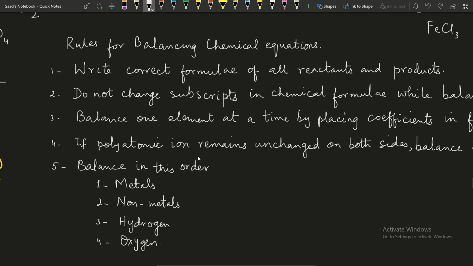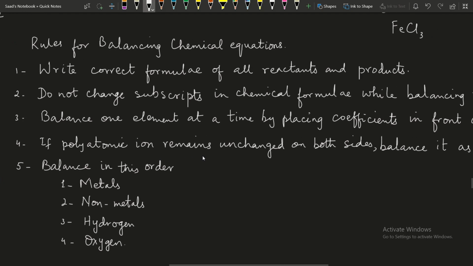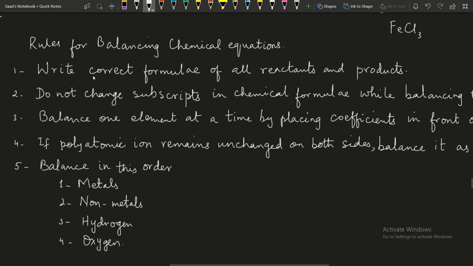For balancing, we have to follow certain rules that will make our balancing much easier. So first is to write the correct formula of all the reactants and the products. Make sure that the formulas you write for the products and the reactants must be correct. Do not change the subscripts.